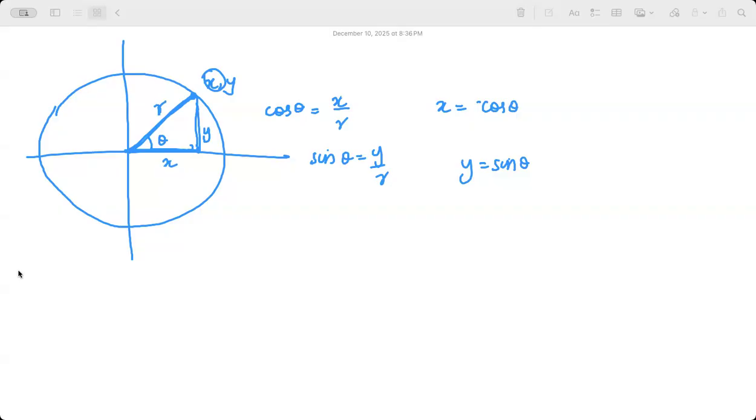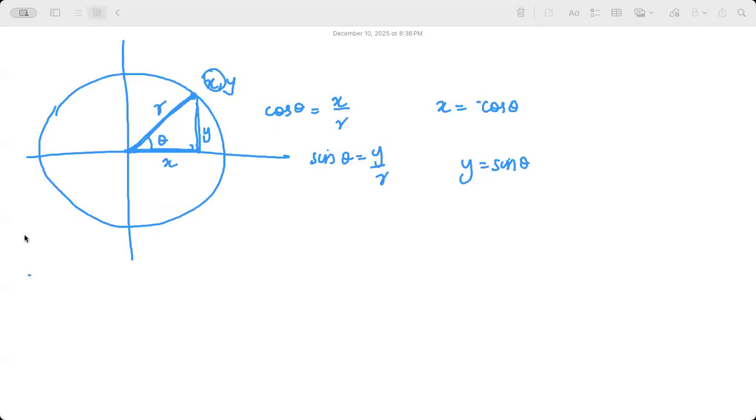Okay, so this one we did last week, and as a continuation of that, we are going to replace for unit circle r as 1.